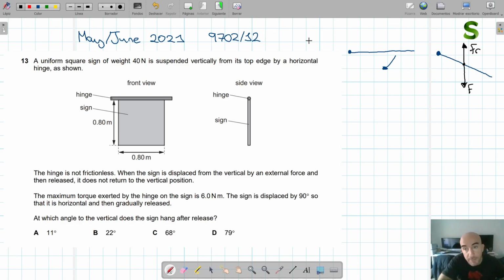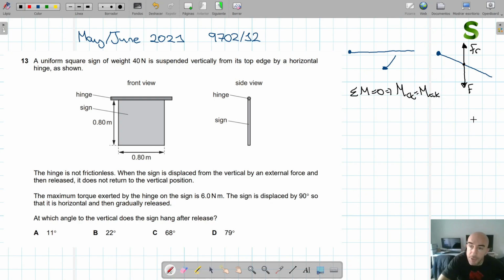Remember that to be in equilibrium we have two options. We have either the sum of forces equals 0, which when something is turning is not very easily calculated, but we can do the sum of moments equals 0, and that basically means that the moment clockwise equals the moment anti-clockwise.